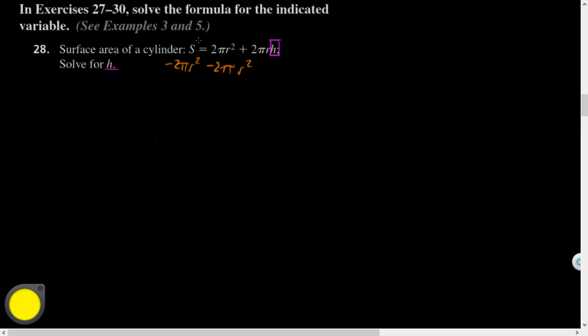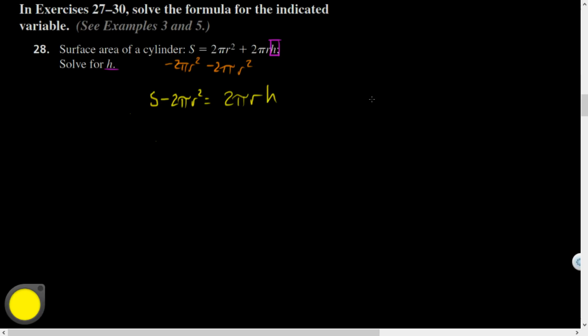So, Amity, can I combine the s and the 2 pi r squared? Are those like terms? Nah. So I'm just going to write that as s minus 2 pi r squared equals. These canceled out, and I'm left with 2 pi r h.